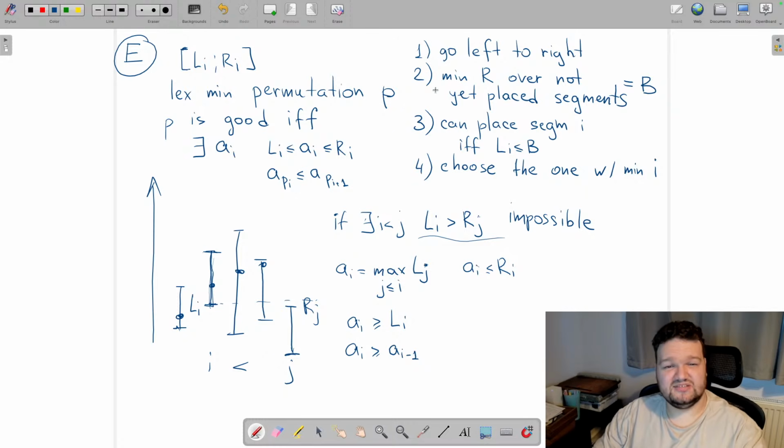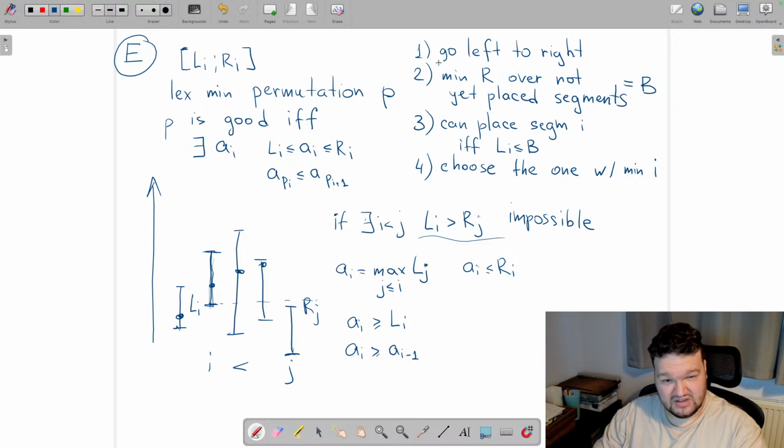The trivial way to implement it would be quadratic, because we need a linear number of iterations and then calculate the minimum, which is again linear, so it would be n squared. But it turns out that we can maintain some sets.